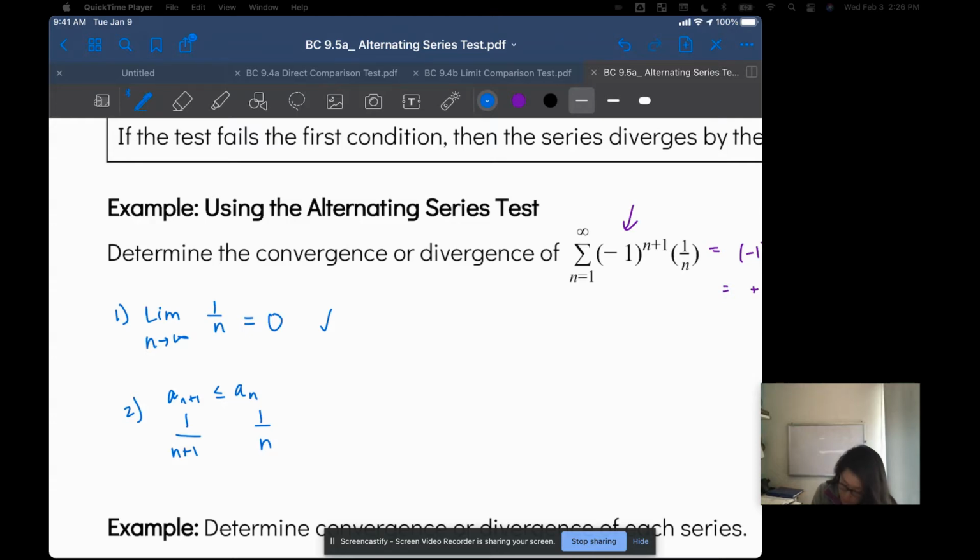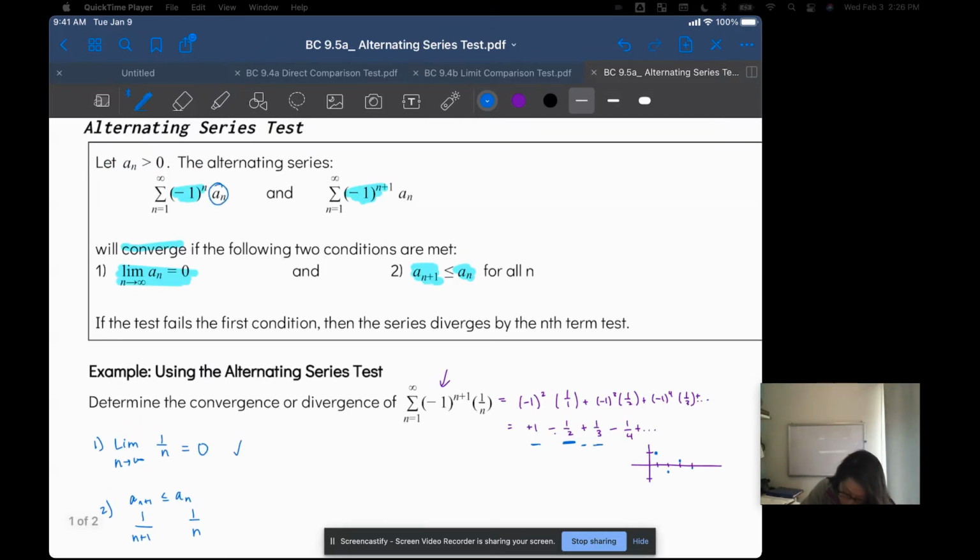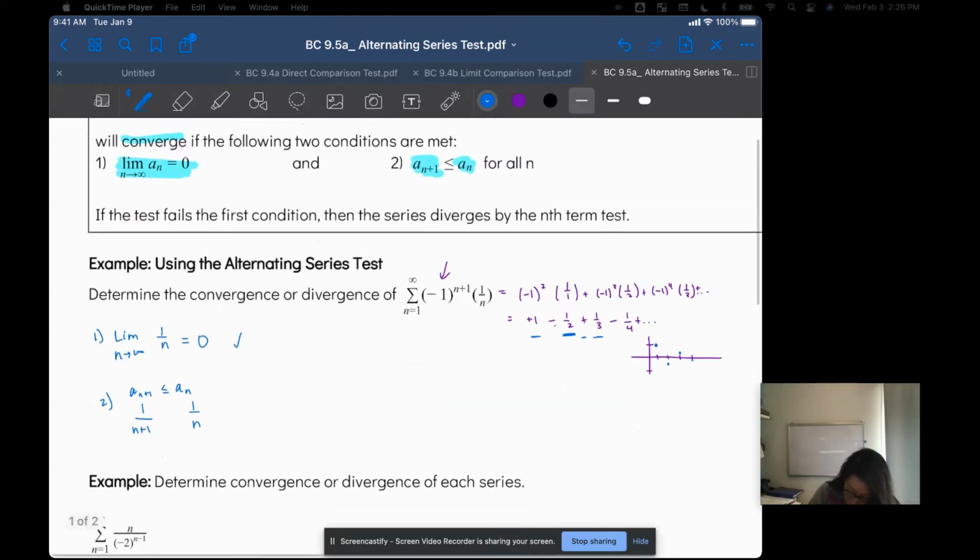So I know just looking at my expansion that the second term is smaller than the first. The absolute value of the second term is smaller than the first. Or really what we're looking at is just this a sub n part. We're not looking at the pluses and minuses. Okay. So we know that each subsequent term is smaller than the one before it.